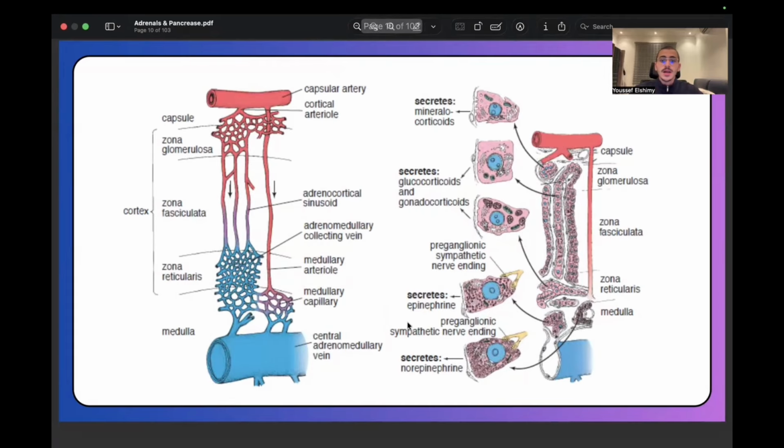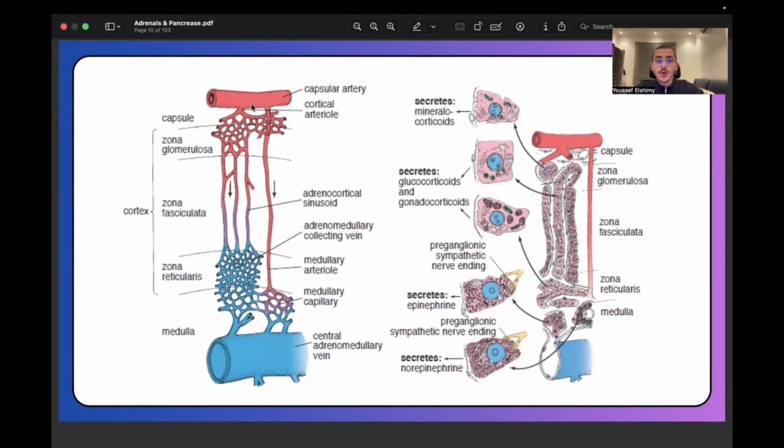Okay. One cool thing to notice about the blood supply of the adrenal gland is that there is dual blood supply. For the cortex area, we mentioned the suprarenal arteries, right? Then this divides into the capsular artery.